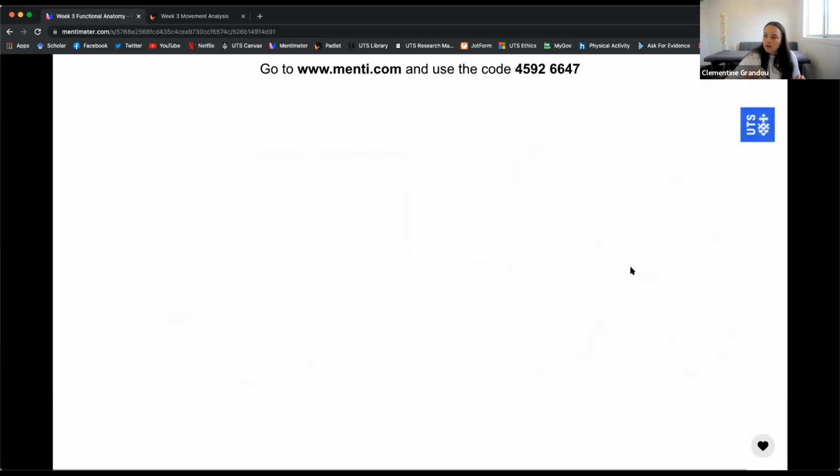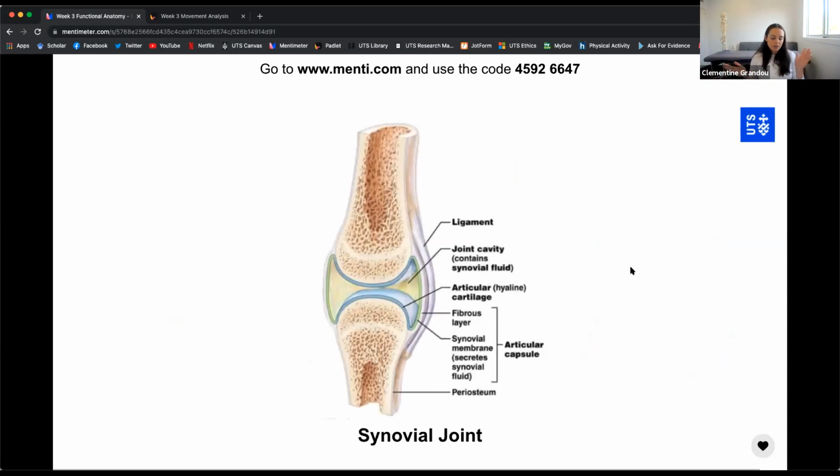All right, now synovial joints. So this little section is a bit of revision on synovial joints from structural anatomy. I'm going to give you guys just a moment to label that picture in your lab book, and you can see it on the screen there.